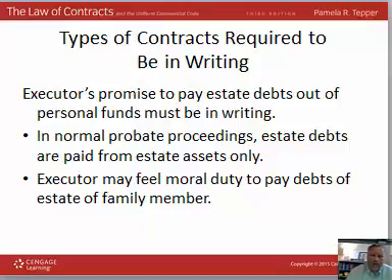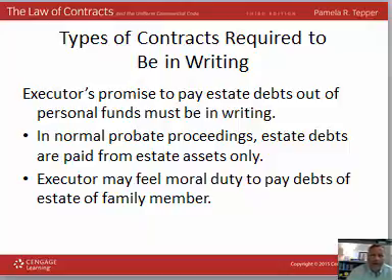The next type of contract required to be in writing are contracts that deal with executors of estates. And when we deal with probating of wills, it's common for a personal representative to be appointed to administer the interest of the deceased party, to administer the estate, allow for the orderly unwinding and distribution of assets of the estate, including paying off debts.